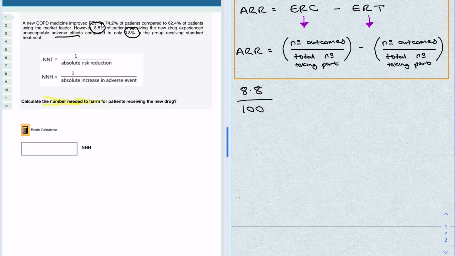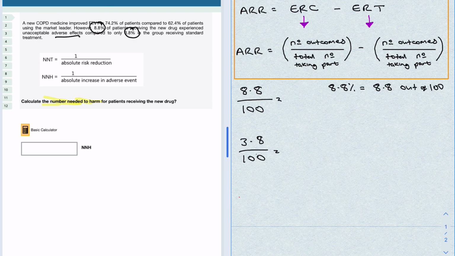How did I know that? Remember, percent means out of 100, so 8.8% means 8.8 out of 100. And again, I'm going to take 3.8 and divide that by 100. 3.8% means 3.8 out of 100.